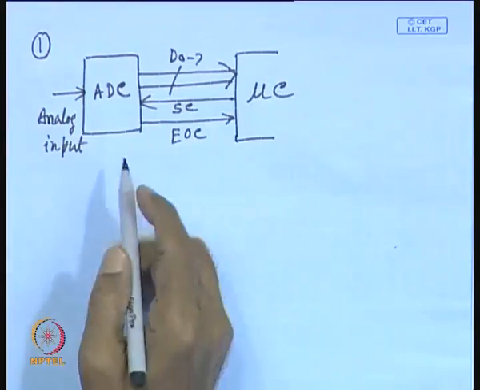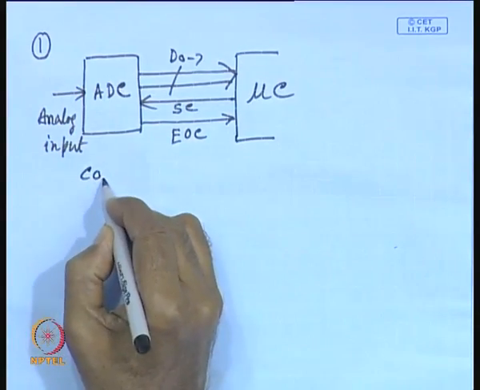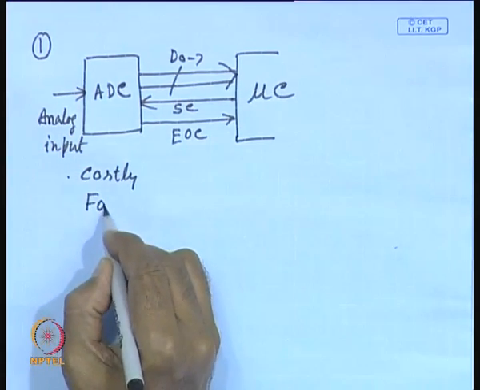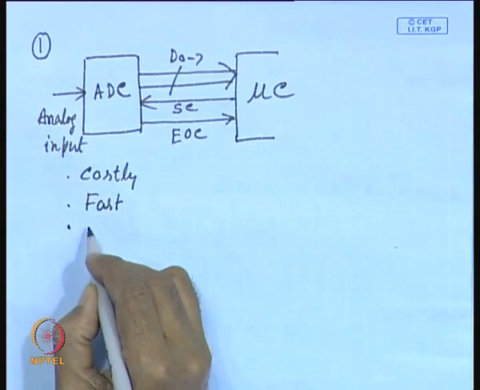So, the software part is very simple here, but you are using a costly hardware, because this ADC is usually costly, and of course, it is fast and it consumes more power.